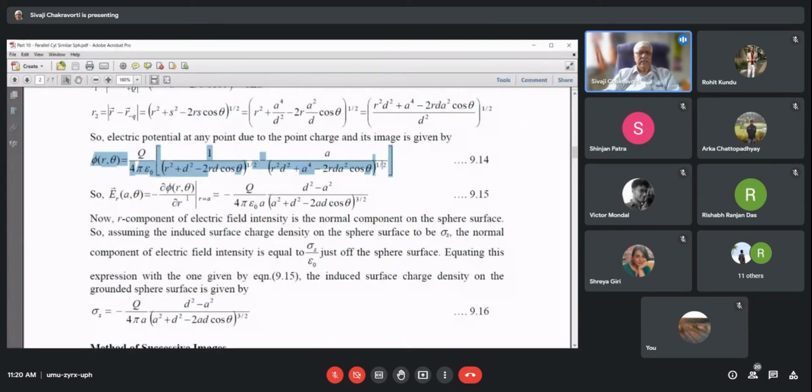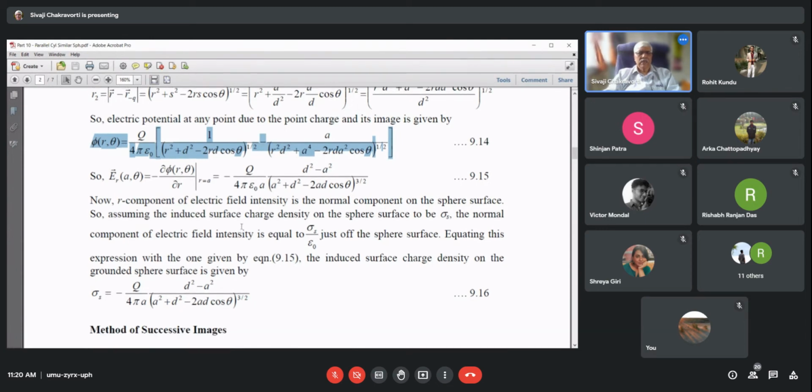And then you take the derivative, which is E_r, and E_r is the normal component of field intensity on the spherical surface, because you know that R component is the normal component. And then if you apply the known boundary condition of electric field intensity just off the sphere, you can also get what is the charge density. So this is how we get all the relevant information.